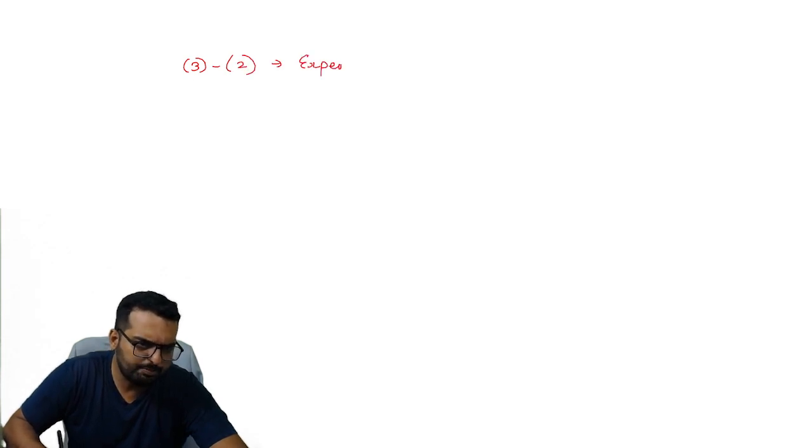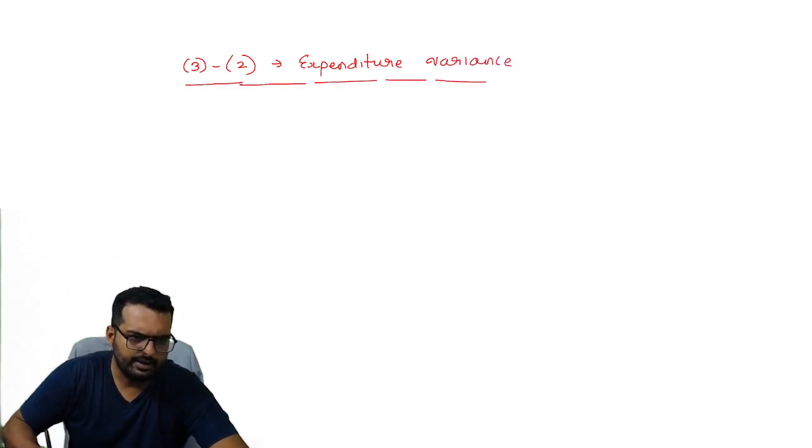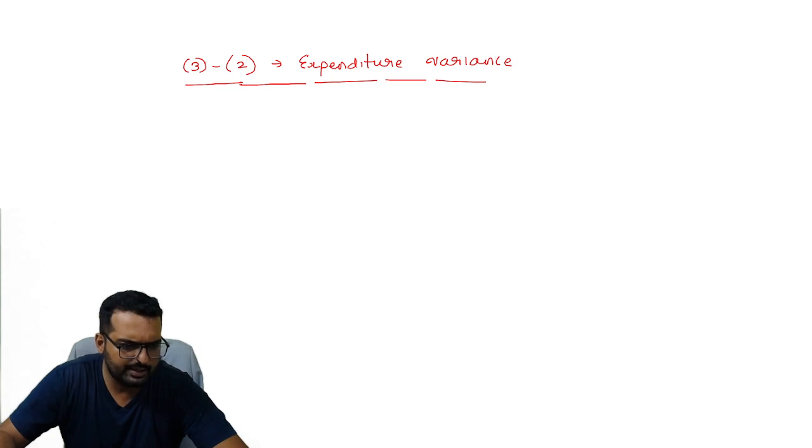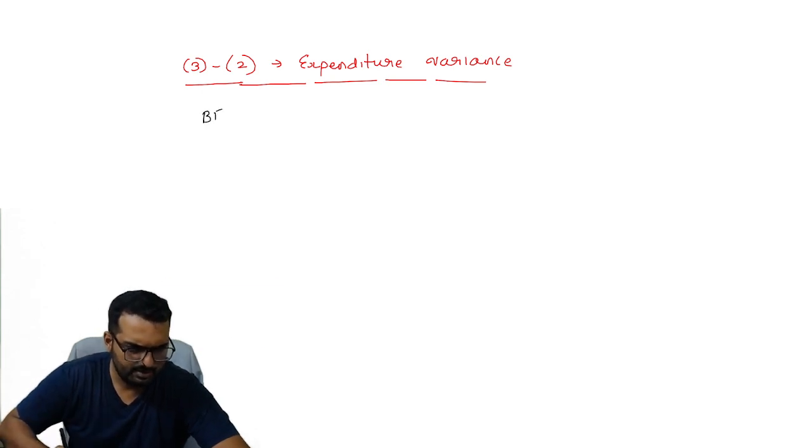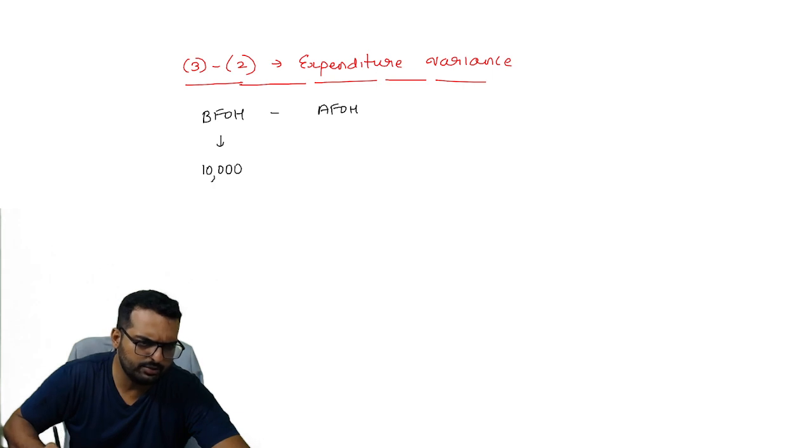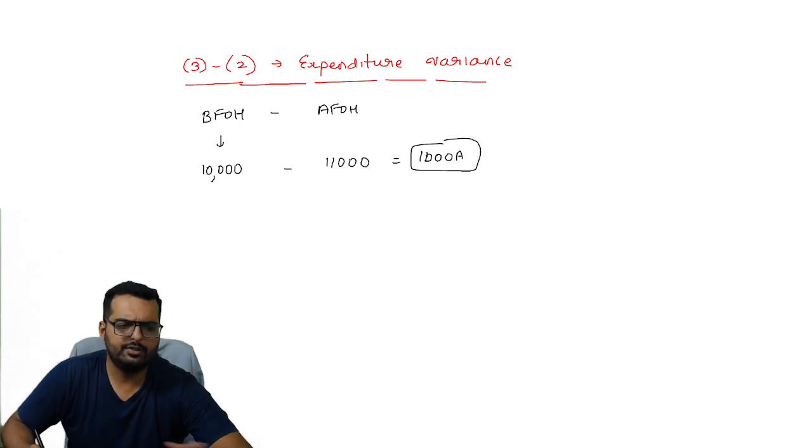This was expenditure variance. Correct. So what is the formula for expenditure variance? Budgeted fixed overhead minus actual fixed overhead. This was turning out to be 10,000 minus 11,000. We got the answer as 1,000 adverse. Correct.